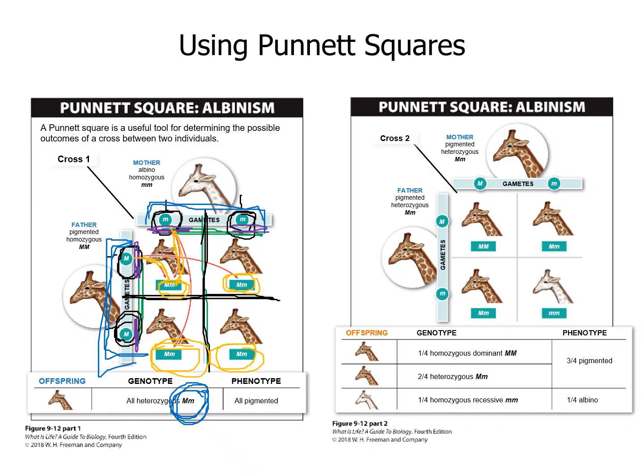Okay, this is one of the patterns that we can follow when we cross a homozygous recessive individual and a homozygous dominant individual, compared to a heterozygous individual being crossed with another heterozygous individual.